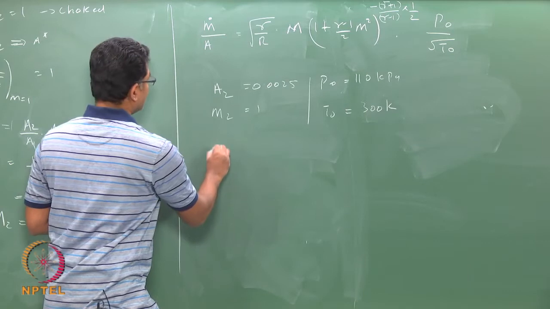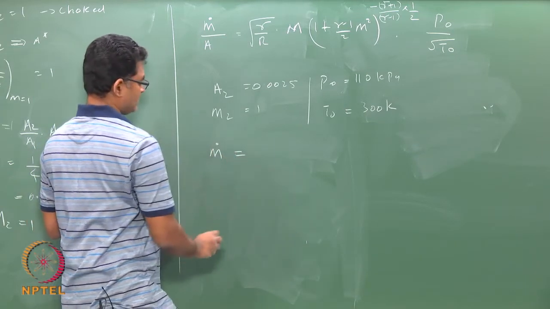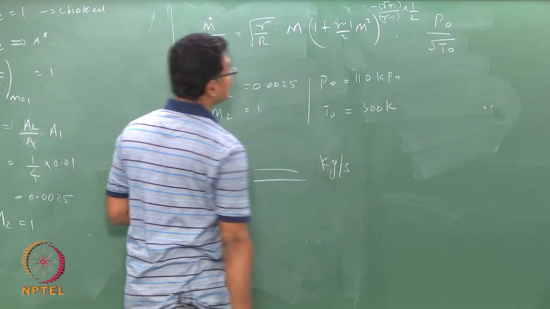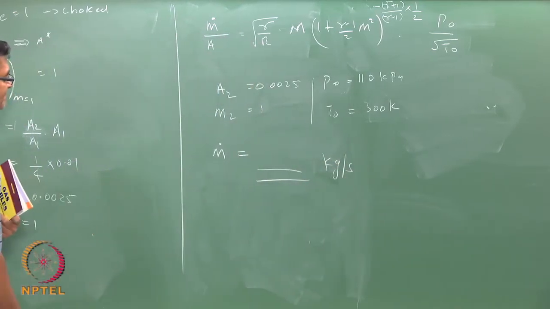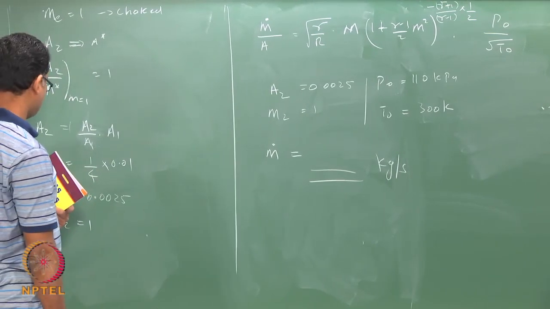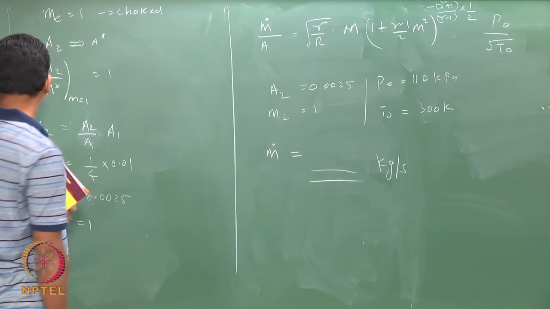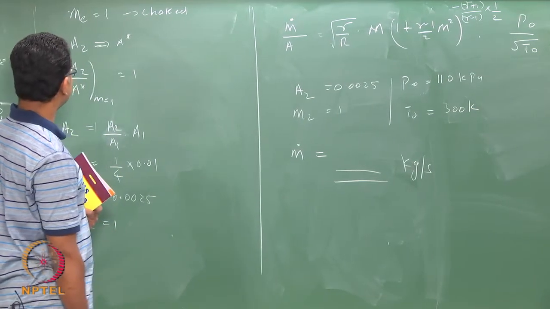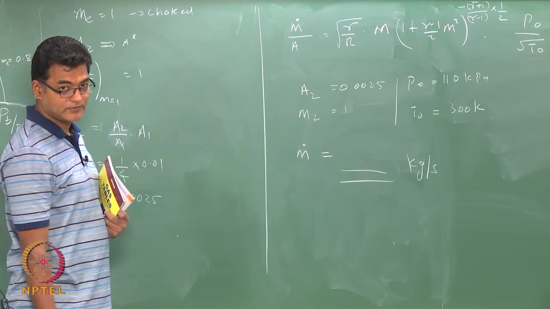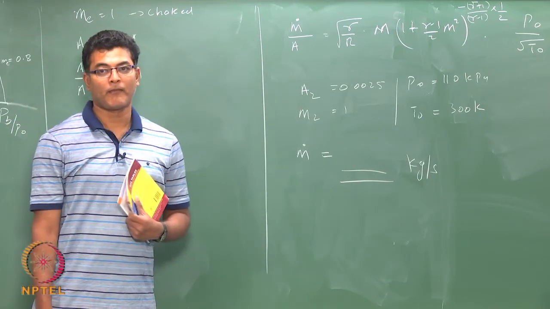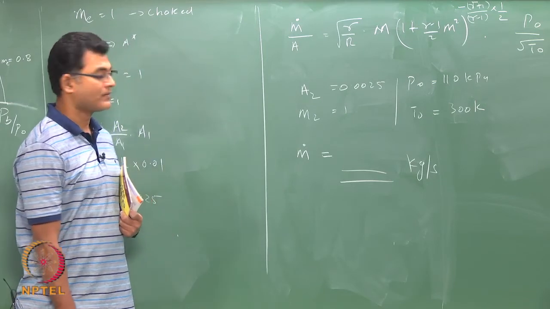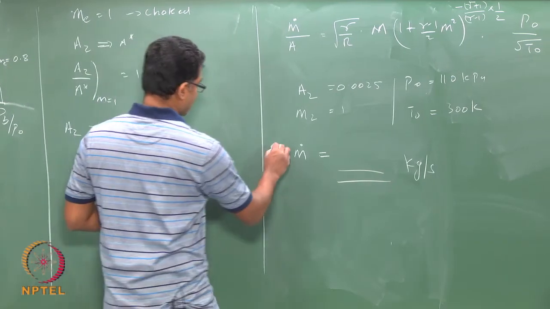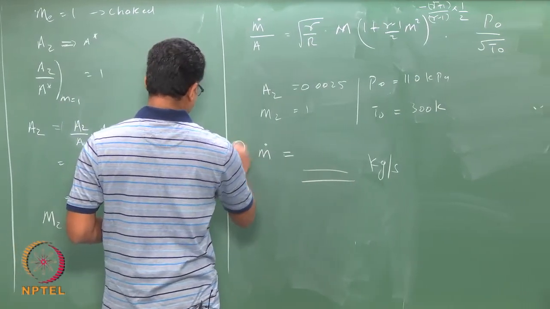Substitute this value, I would get my m dot as some value in kilogram per second. Now, this is the answer to your second question.